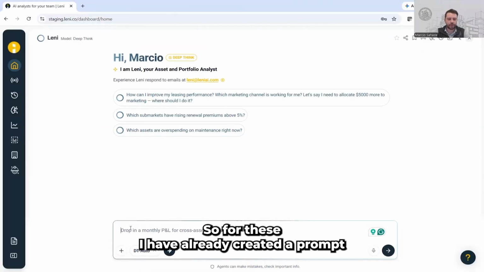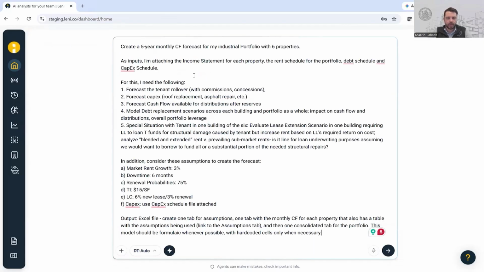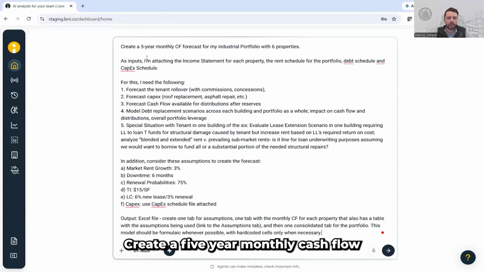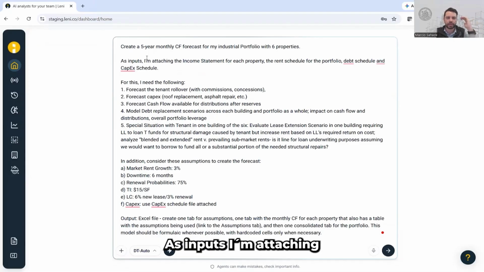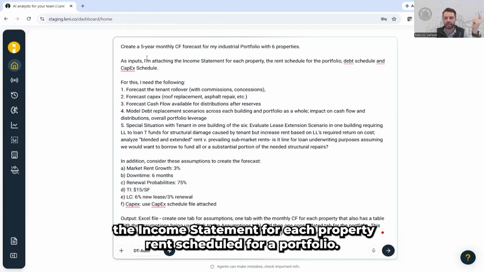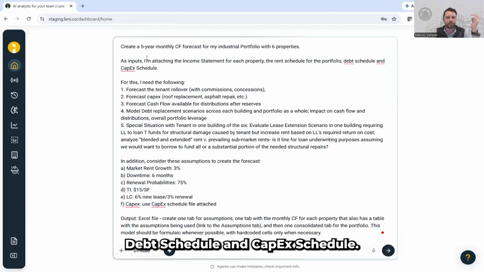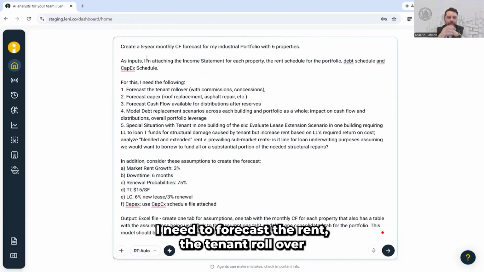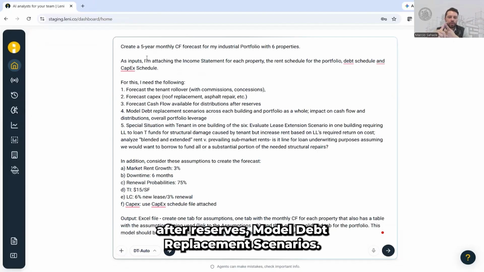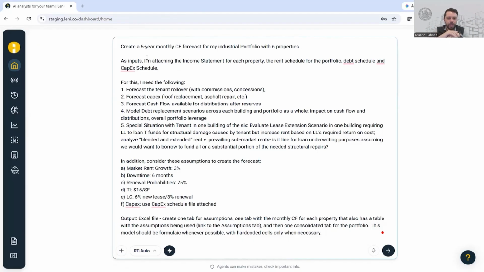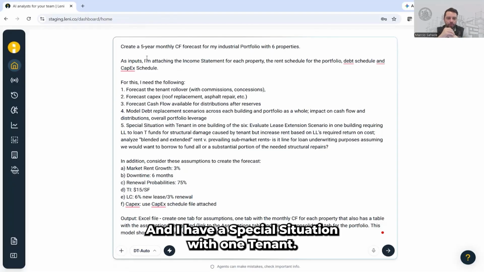For this, I have already created a prompt, which I'm copying and pasting here. And here's what it says. Create a 5-year monthly cash flow forecast for my industrial portfolio with 6 properties. As inputs, I'm attaching the income statement for each property, rent schedule for the portfolio, debt schedule, and CapEx schedule. I need to forecast the tenant rollover, forecast CapEx, forecast cash flow available for distributions after reserves, model debt replacement scenarios, and I have a special situation with one tenant.